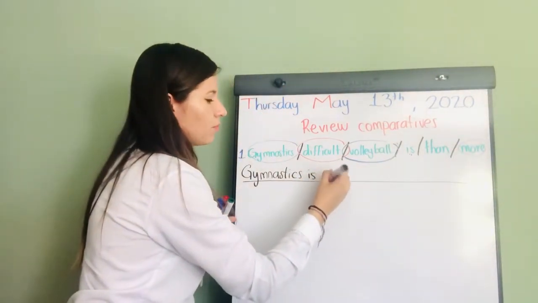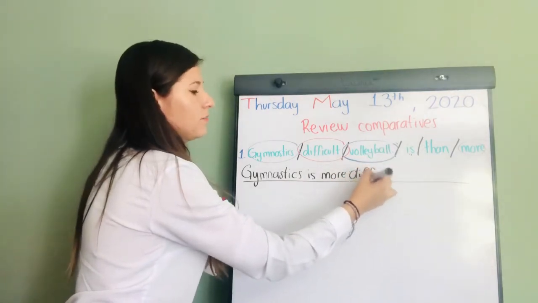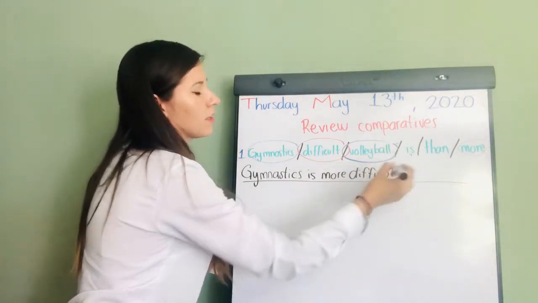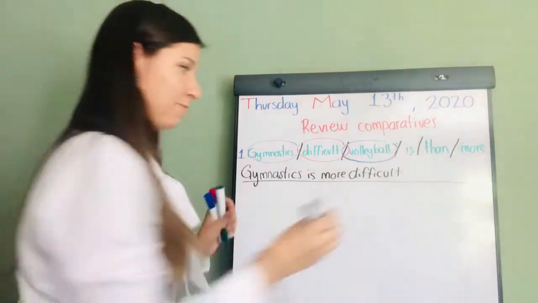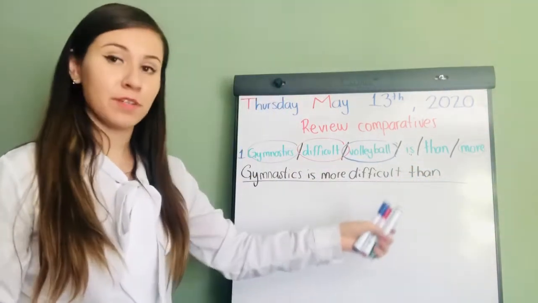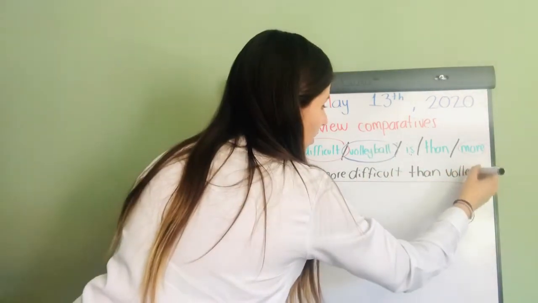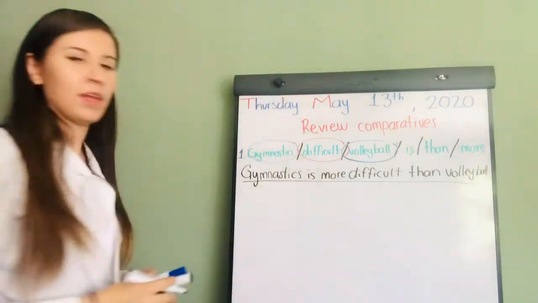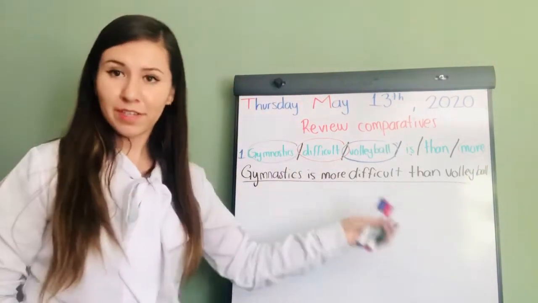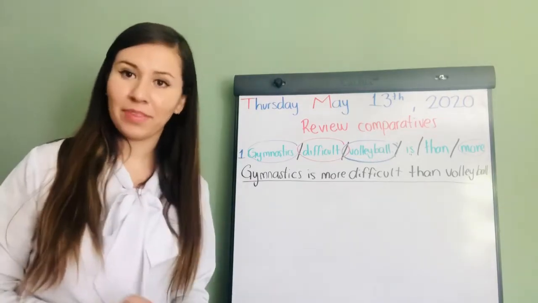Gymnastics is more, the adjective, difficult, and the word than. Gymnastics is more difficult than. We have volleyball. Gymnastics is more difficult than volleyball. Gimnasia es más difícil que voleibol.